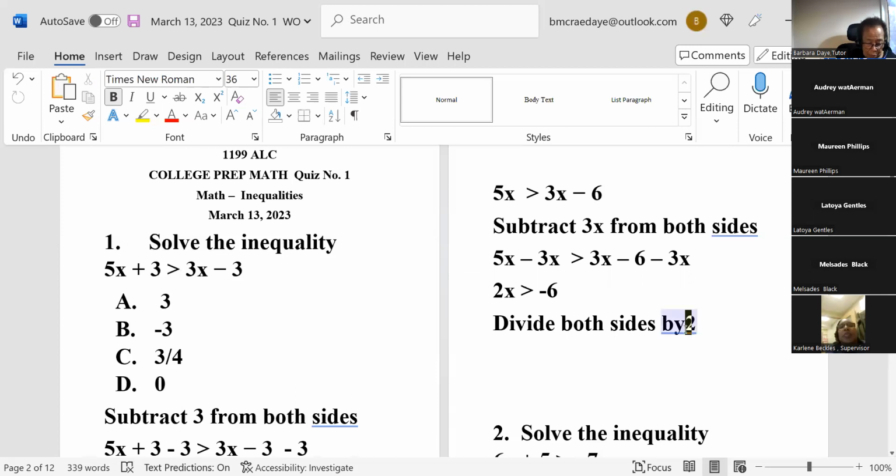Okay, divide both sides by 2. Let me copy this and put it here. So that becomes x, and minus 6 divided by 2 is what? x is greater than minus 3.